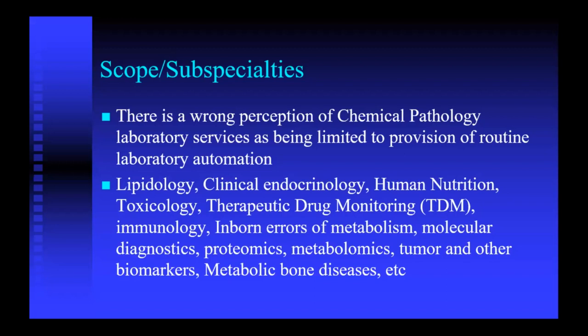It has several subspecialties: lipidology, clinical endocrinology, which has to do with diabetes, hypertension, and several other endocrine disorders, human nutrition, artificial parenteral nutrition, toxicology, drugs of abuse studies, therapeutic drug monitoring for renal transplant patients and other drugs with a narrow therapeutic index, immunology, inborn errors of metabolism, molecular diagnostics, proteomics, metabolomics, tumors and other biomarker development and clinical utility of those markers, and then bone and mineral metabolism.